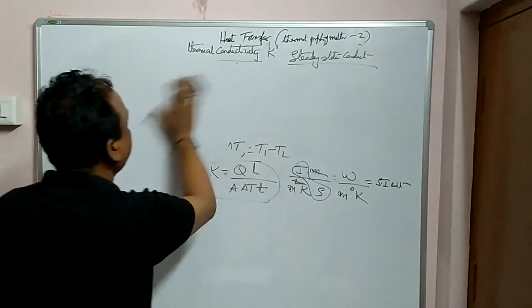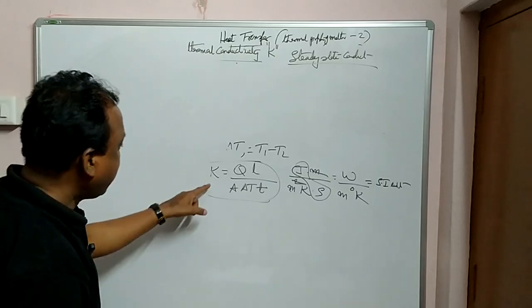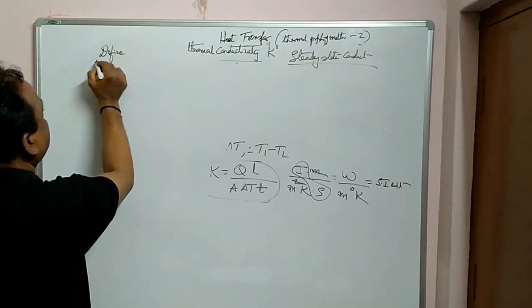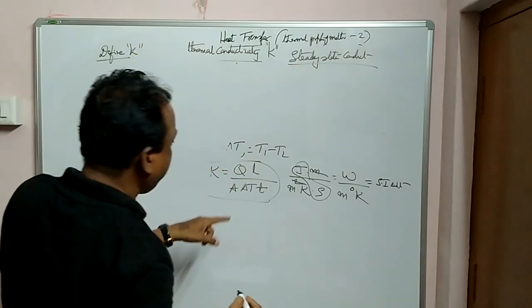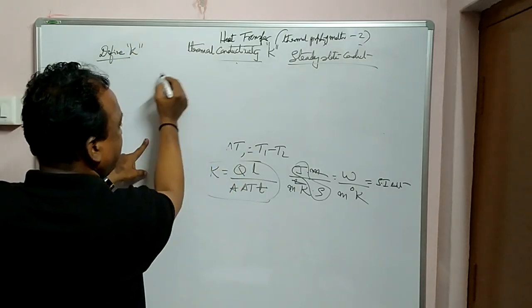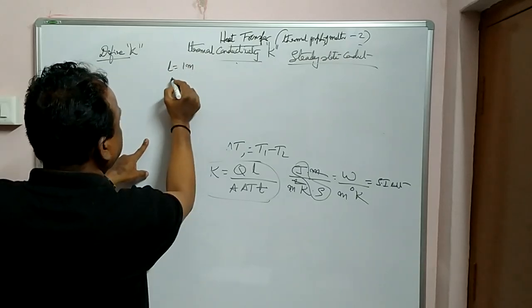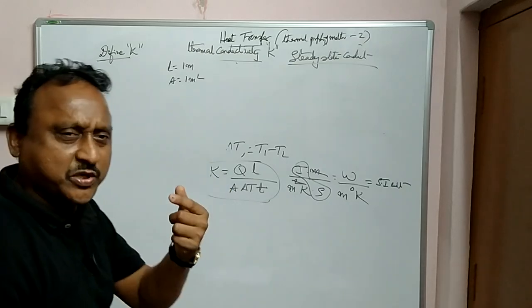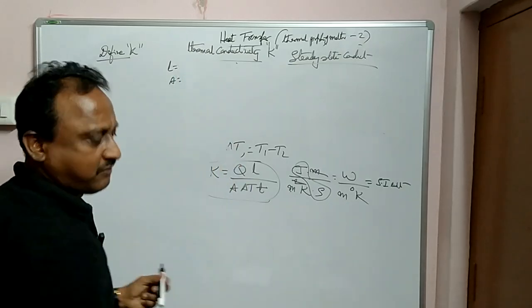Now how to define the coefficient of thermal conductivity of the material? How to define K? To define K, you have to make all the remaining items 1 unit. For example, L equals 1 meter, area 1 meter square, or you can take 1 unit.